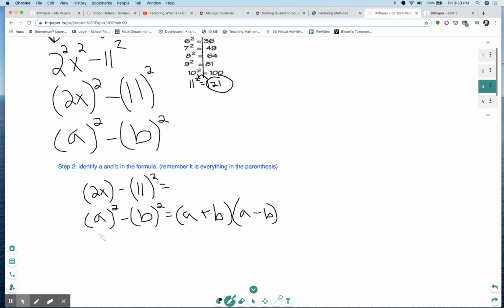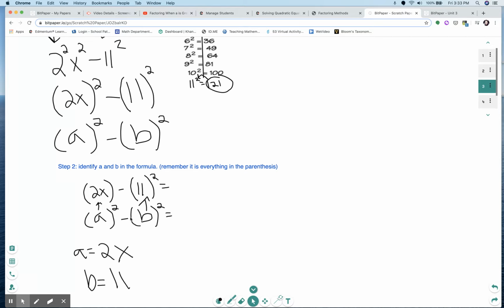A is directly what's inside the parentheses. So I would say A is 2x, and then B is what's inside the parentheses here. So B equals 11. And that's all it is. So really, you don't actually need this side yet. You just need the left-hand side of the formula.